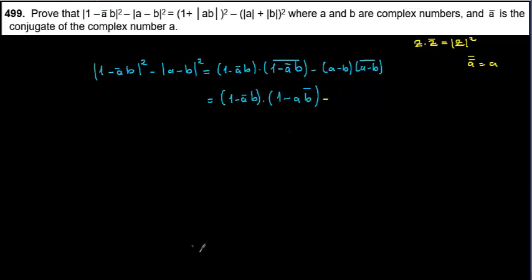Then minus A B times minus A conjugate B conjugate, it's going to be. Then it's going to be equal to minus 1 times minus 1. I'm going to use the distribution law here.